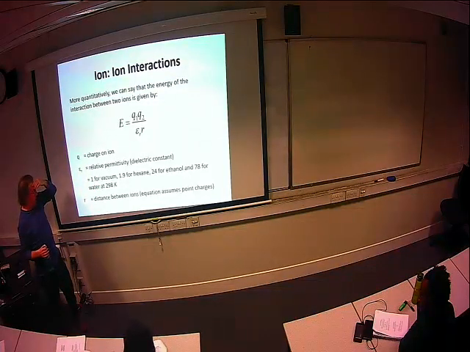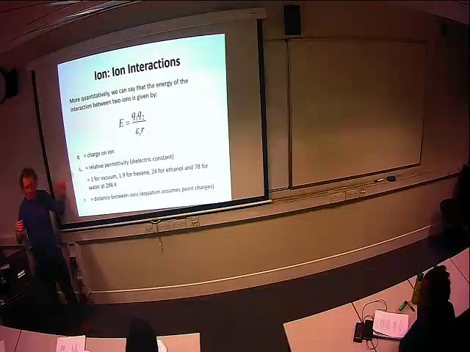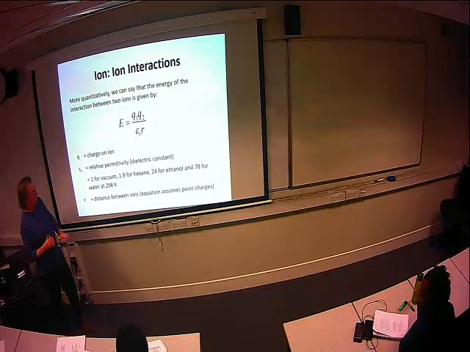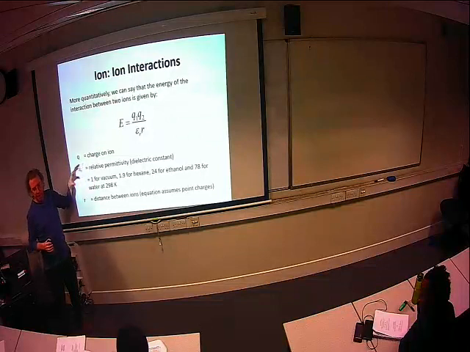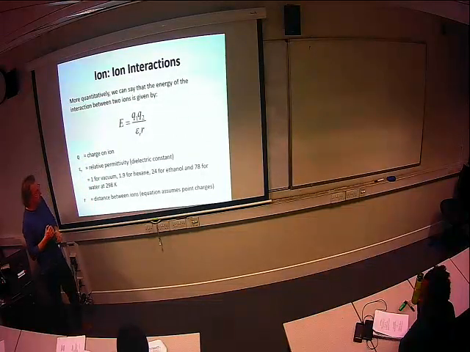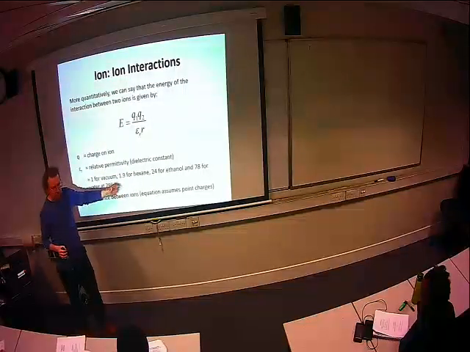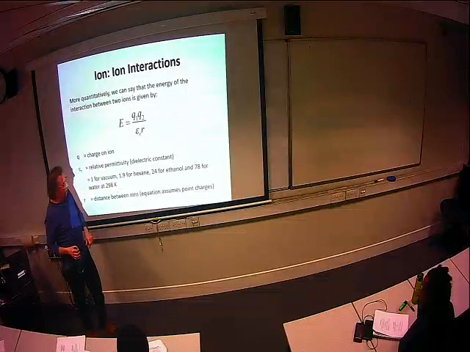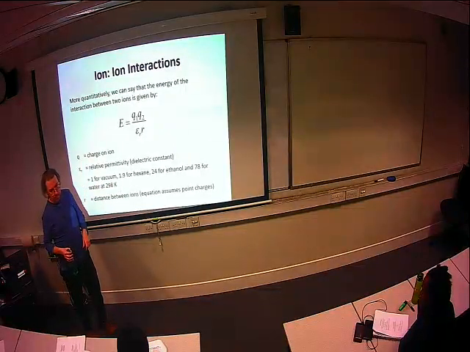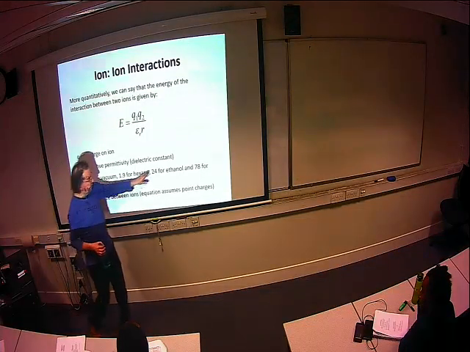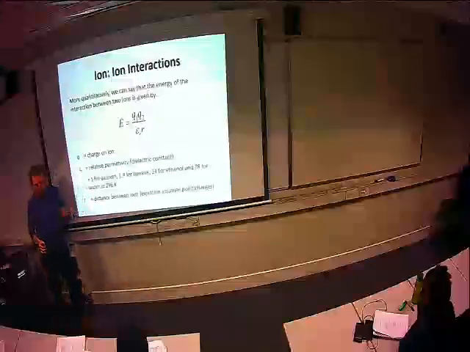It's normalized to vacuum, so if there's nothing else around, it's set to 1, then everything else is related to that. 1 is the lowest, and any other material is going to be higher than that. For non-polar environments, it's relatively low. So for hexane, the hydrocarbon solvent, it's 1.9. For more polar liquids, it's much higher. So ethanol, 24, and water, which is even more polar, is 78.